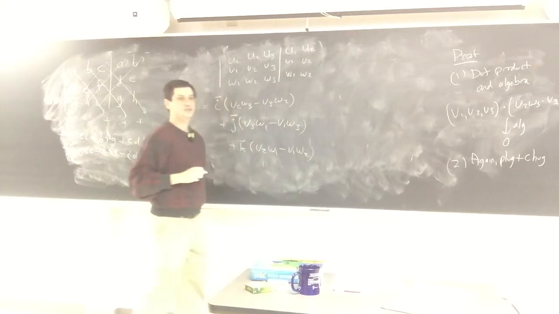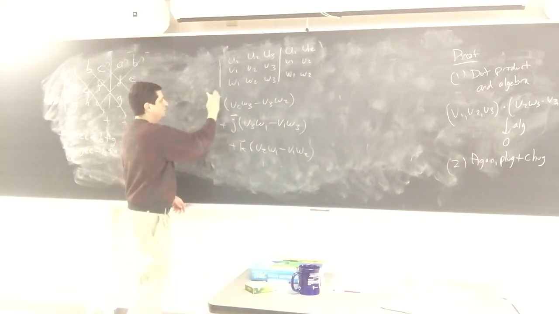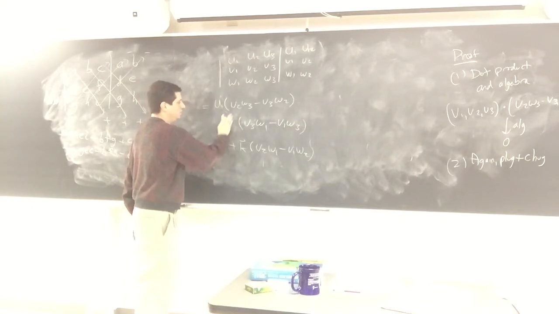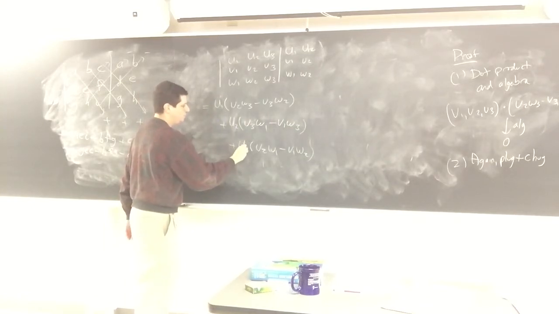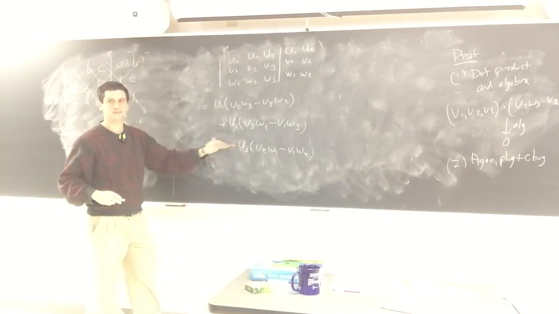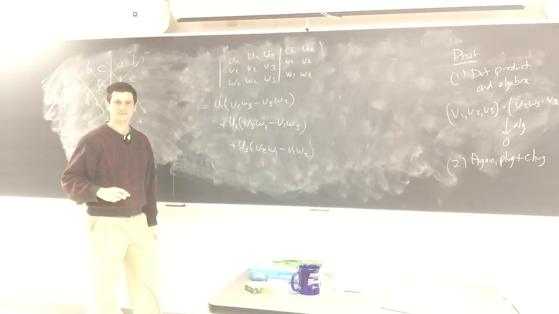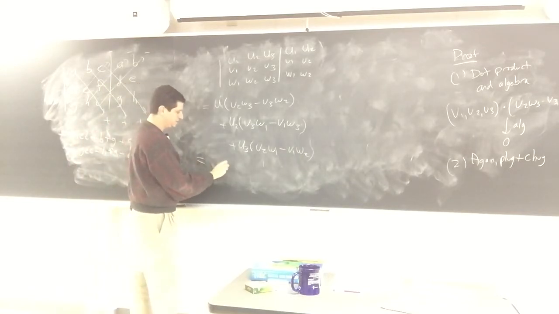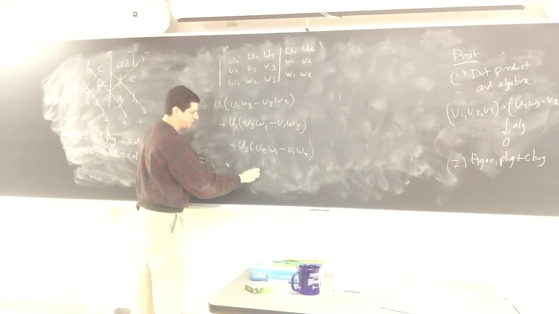So now all I'm going to do is replace the i with a u1, and the j with a u2, and the k with a u3. Can anybody interpret this quantity? So this is some vector dotted with something involving a cross product.